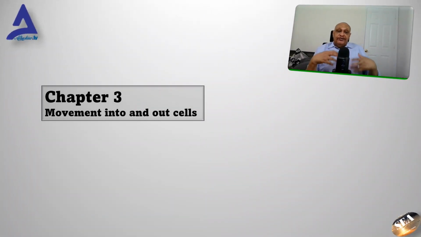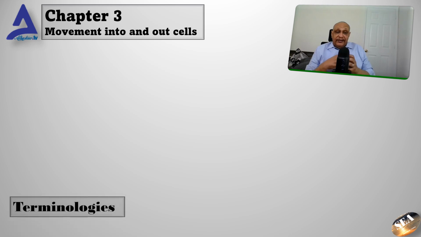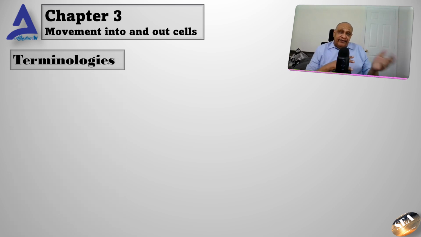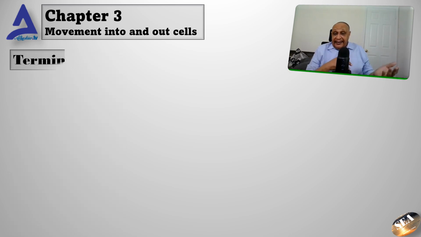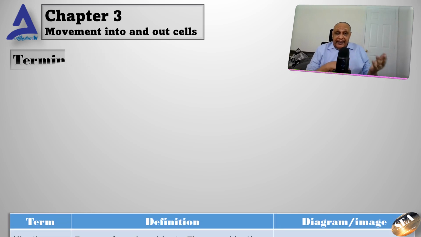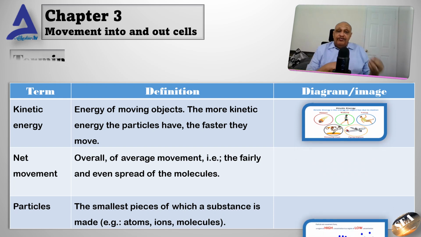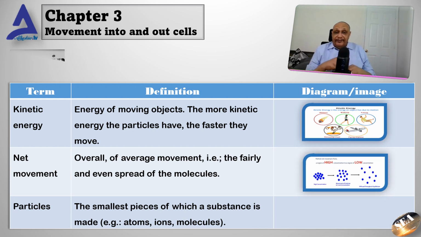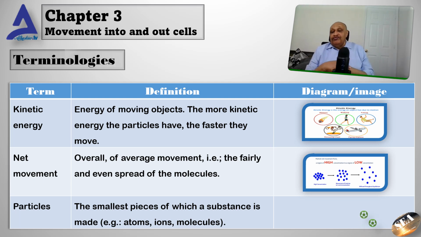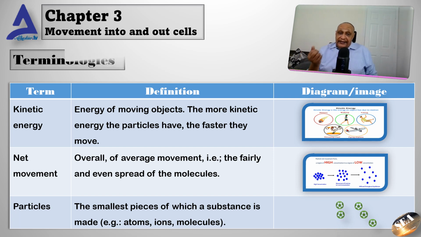Now we are still in terminologies. We have three more terminologies, and the first one is the kinetic energy. The kinetic energy is the energy of a moving object. The more kinetic energy the particles have, the faster they move. And we are going to take the last part to define how diffusion takes place.